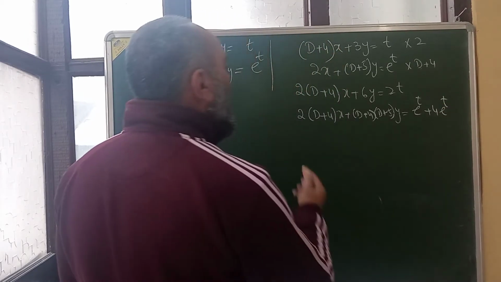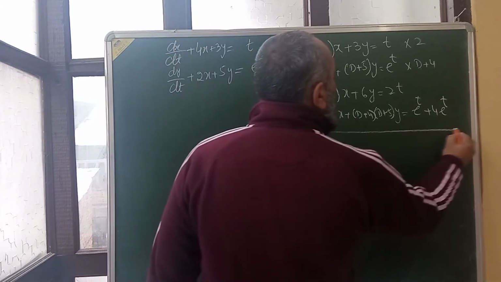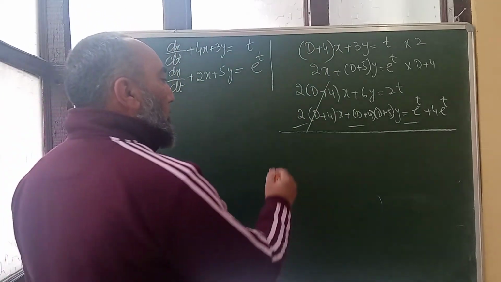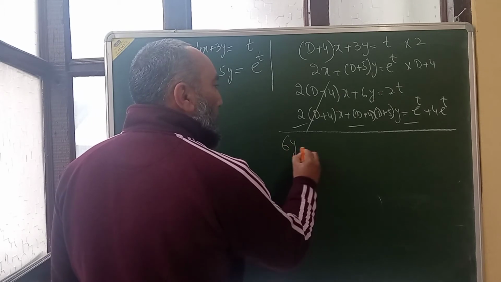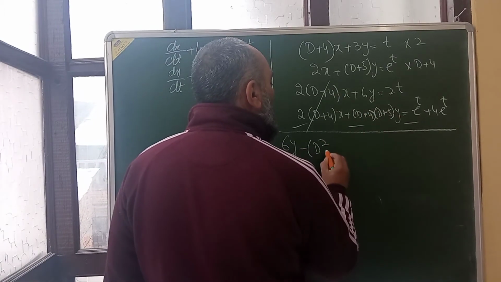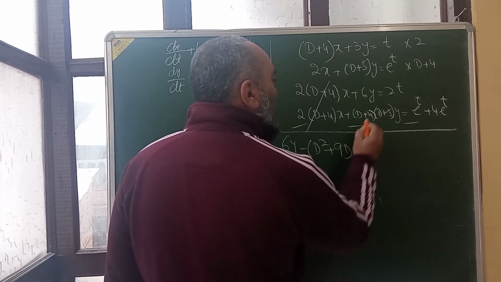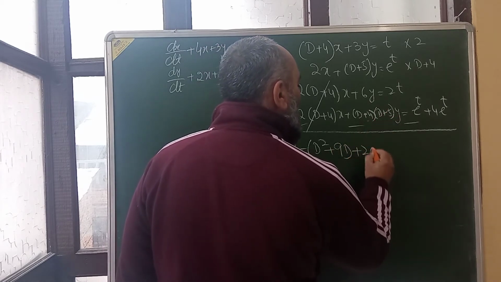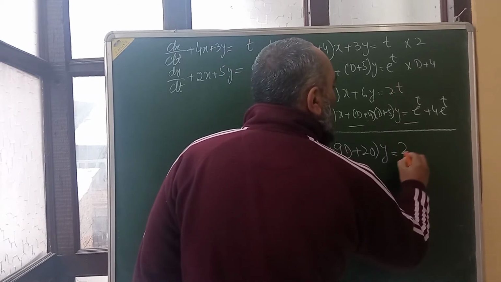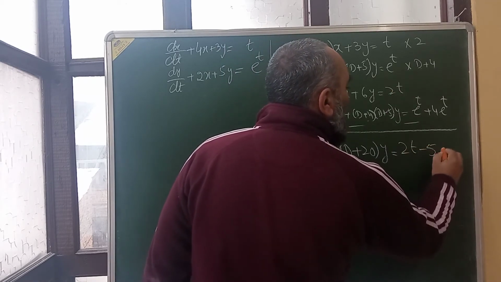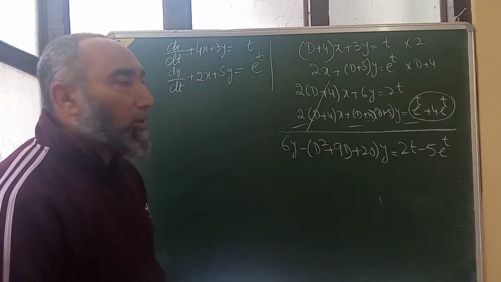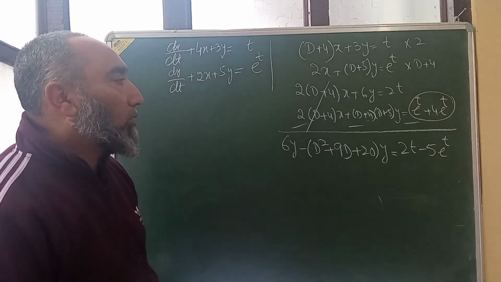So finally let me subtract it. So you have 6y minus, d square, 4d plus 5d is 9d, 4 fives are 20, y equal to 2t minus 5 e raised power t. 4 e raised power t plus e raised power t is 5 e raised power t.